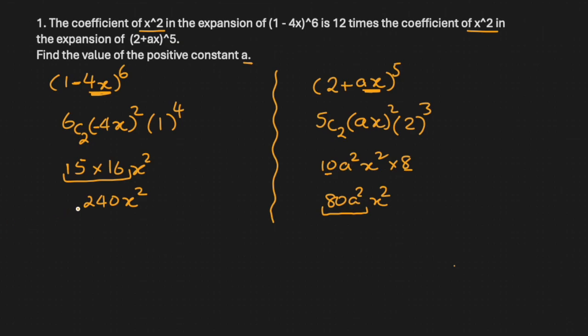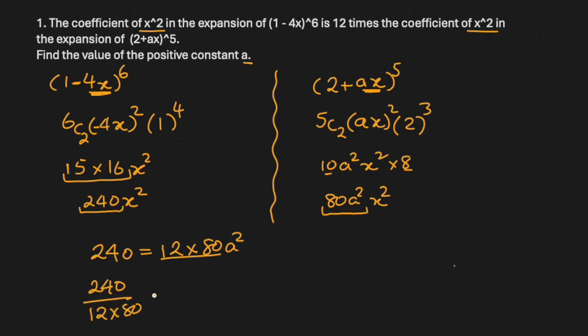Here in this expansion, this is the coefficient of x square, and they said it is 12 times the other one. So 240 has to be 12 times 80 a square. That's what they're saying, and we can find a now. So these two will go down here: 240 divided by 12 times 80 equals a square.